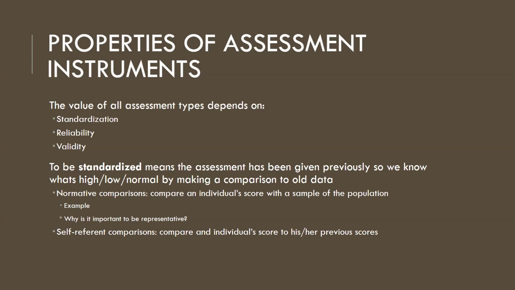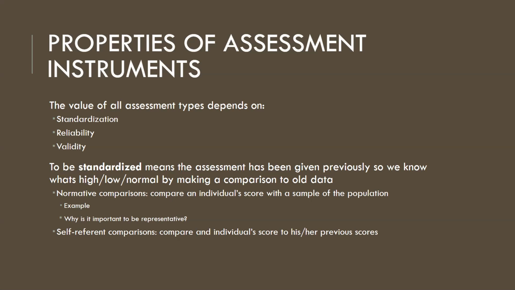And that's what's called a normative comparison, when we compare an individual's single isolated score to a sample from the population. It's important that we make sure when we are administering this assessment to this group to determine, again, high, low, normal, etc., that we are giving that measure to a representative group of the population, so that then when we give it to clients going forward, we know that those clients were represented in that initial population.